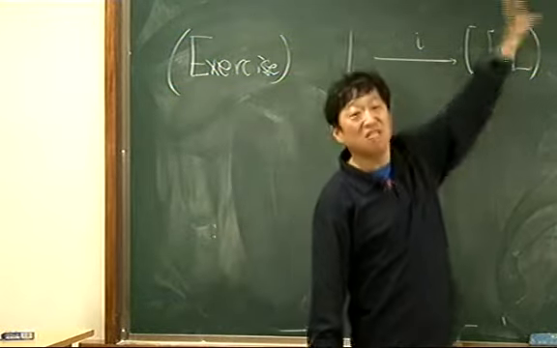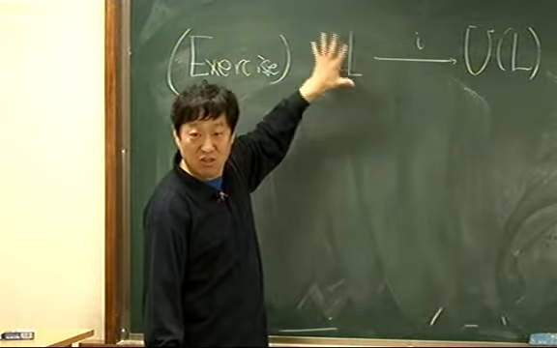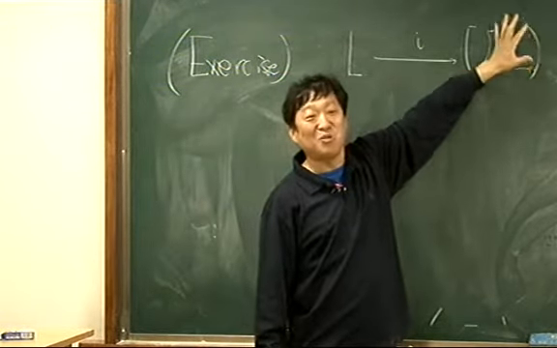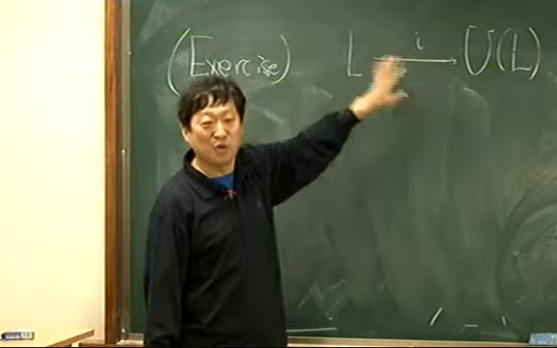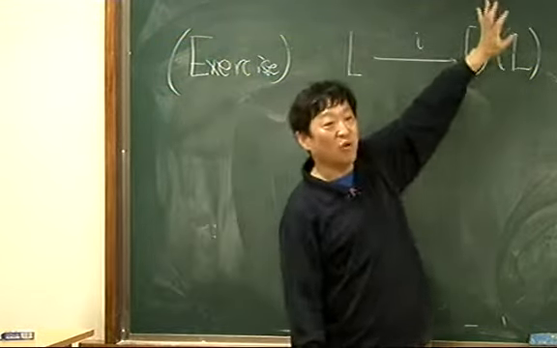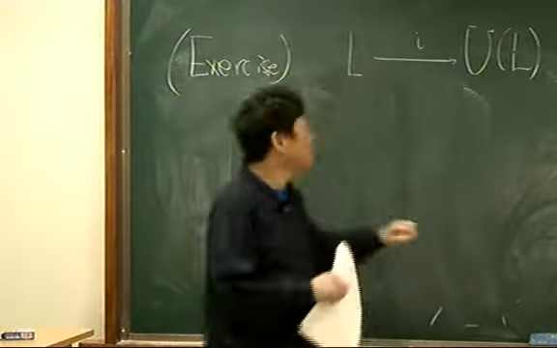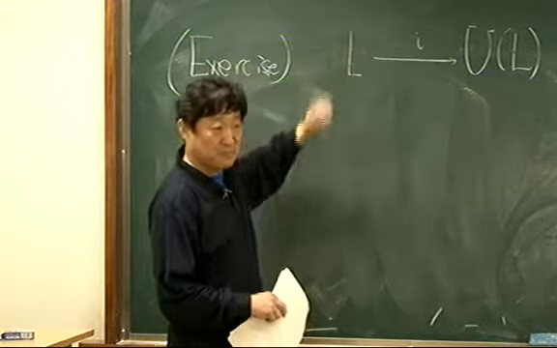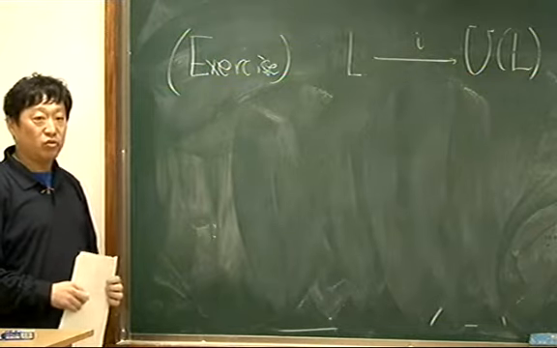For example, the tensor algebra is bigger, but that does not satisfy the relations of L. The trivial polynomial algebra is smaller, but this is too small and does not satisfy the relations of L. So what is the universal enveloping algebra? The largest associative algebra that satisfies the defining relations of L.